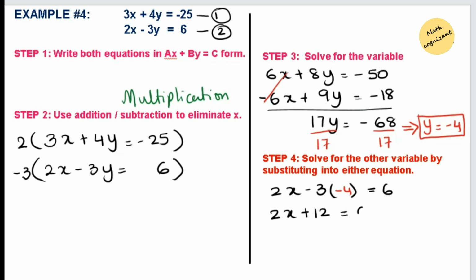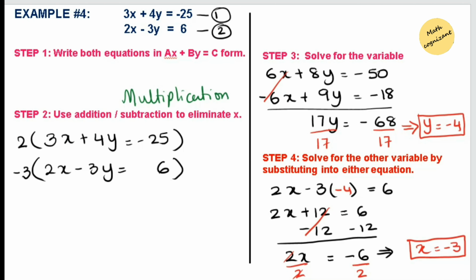That's equal to 6. Now let's subtract 12 from both sides. We are left with 2x equals negative 6. Multiplication equation again, divide by the coefficient of x, that's equal to 2. Divide by 2 on both sides, which gives us x equals negative 3.